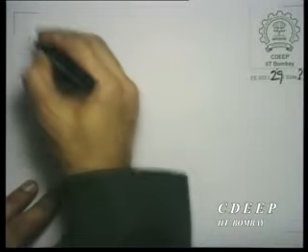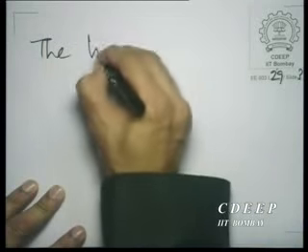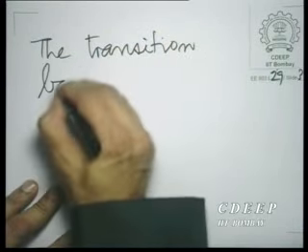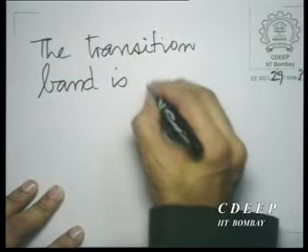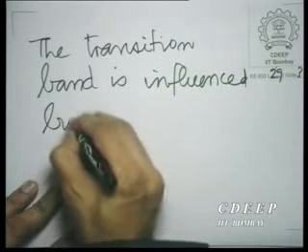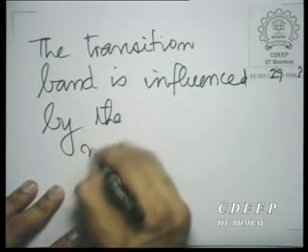And therefore, the main lobe width influences the transition band. We've seen that in the previous lecture. Transition band is influenced by the main lobe width.